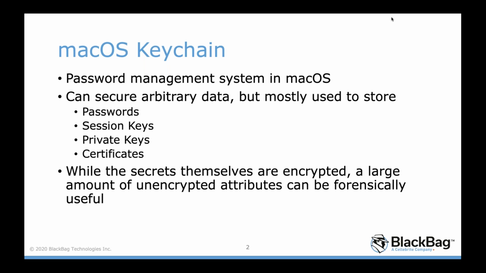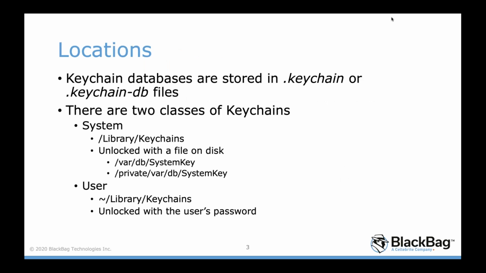So even if you don't have a password to unlock the keychain itself, parsing a keychain can still be very, very valuable. The keychain database files that we're going to talk about, these are the specific artifacts, are stored in a number of places, right? So there are two classes of keychains. There's a system keychain, and there's usually only one of these per system, which is going to be stored at /library/keychains.